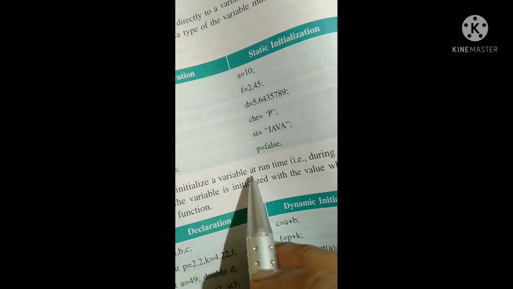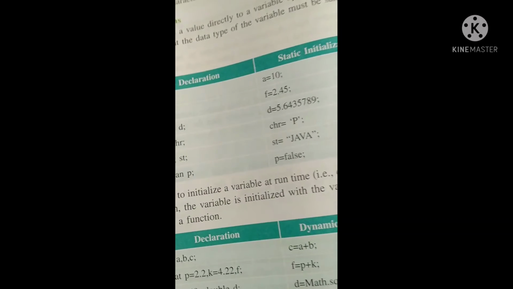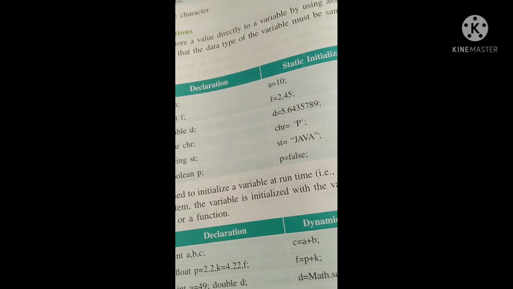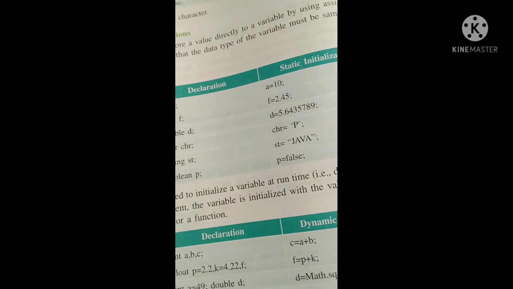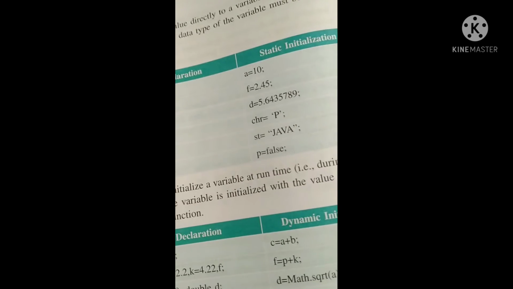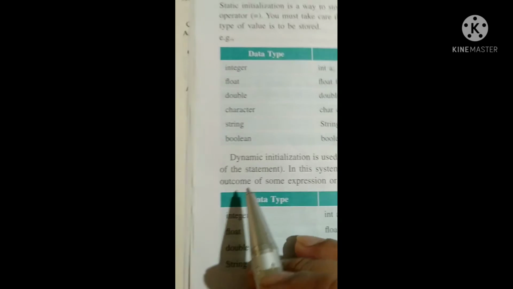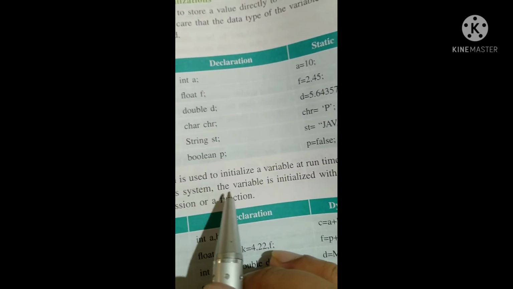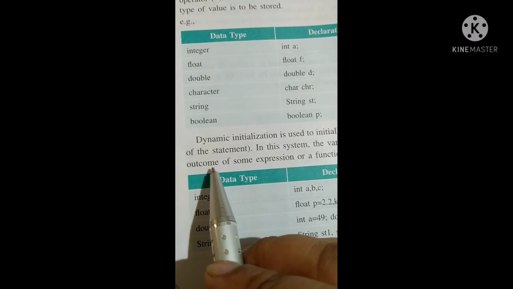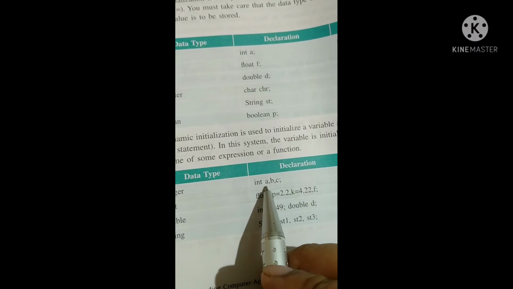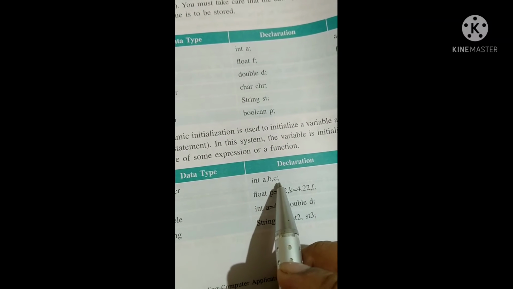And dynamic initialization is used to initialize a variable at runtime. At the time of executing the program you will enter the value of variables, that is called dynamic initialization. During the execution of the statement, the variable is initialized with the value which is the outcome of some expression or a function. Here int, we have three variables, a, b and c.